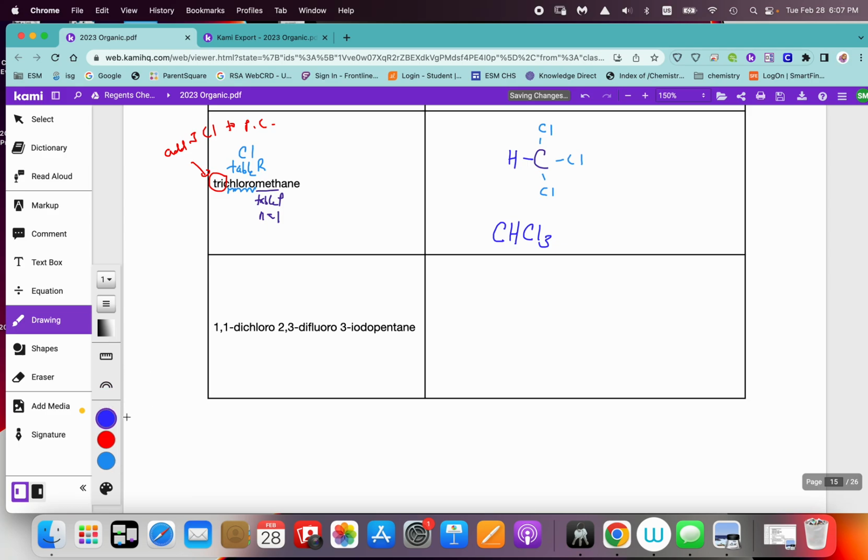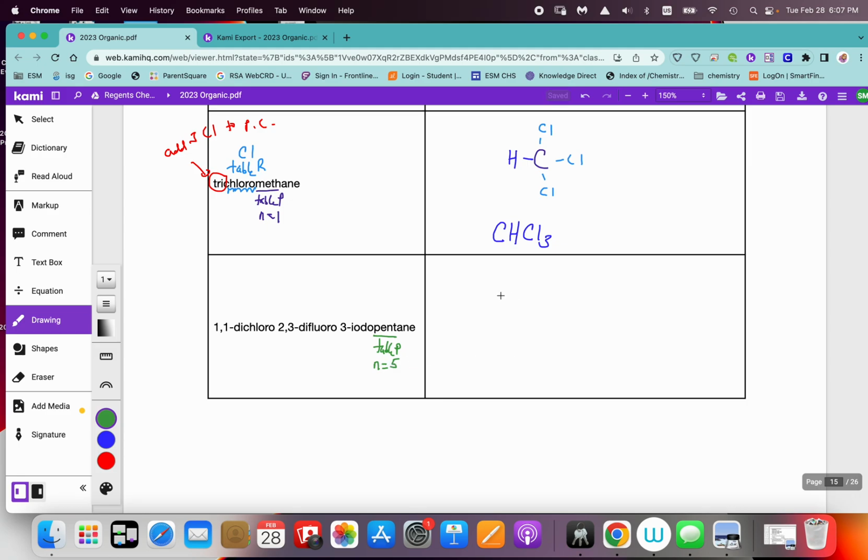Last example here. The name looks really long. When I look at this whole thing, I see the prefix pent. That is my table P prefix. And when I find pent, that means N equals 5.